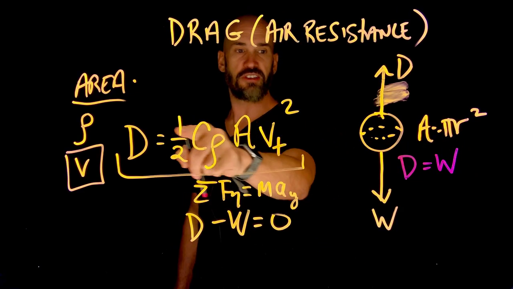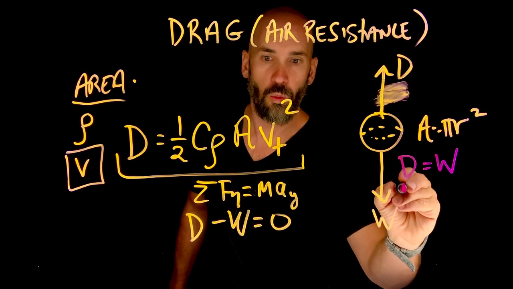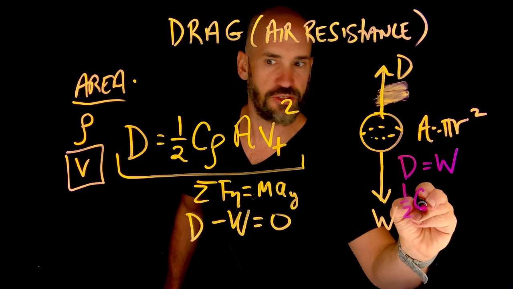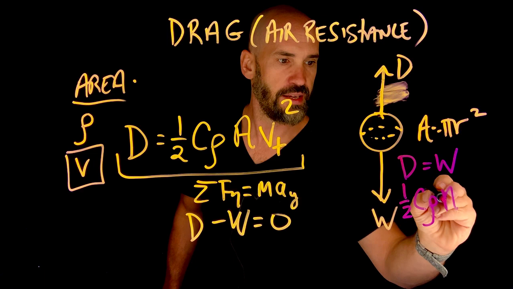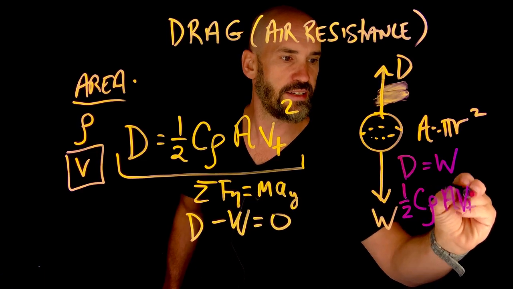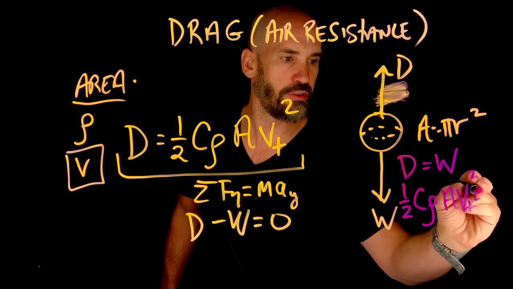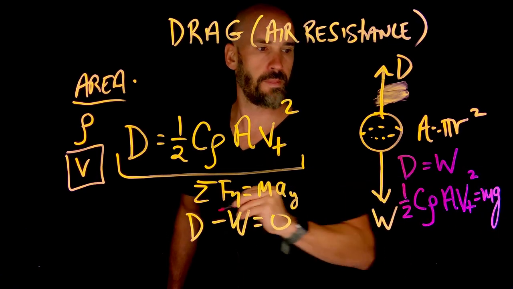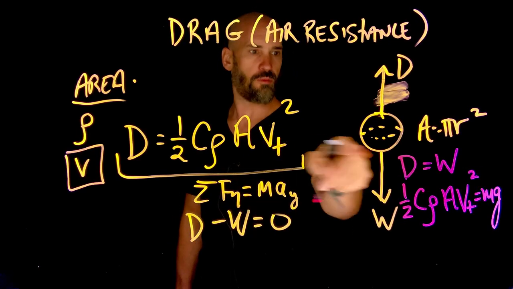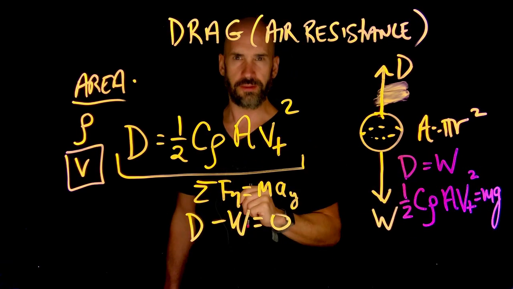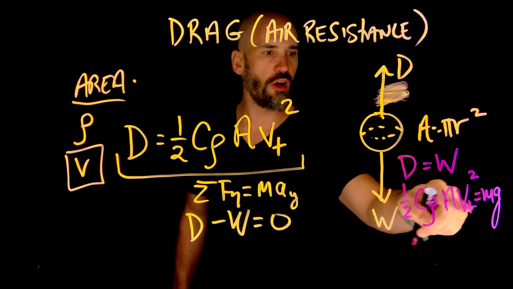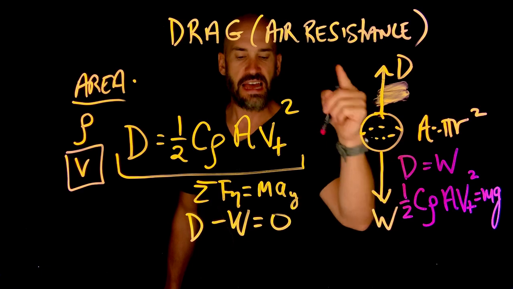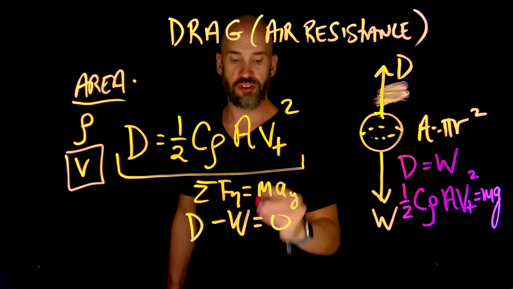Now if I substitute the stuff in, 1/2 times the coefficient of drag times the density of the medium times A times v_T squared equals mg. mg is just the weight. So now if I solve this equation for v_T, I have an equation for terminal velocity.